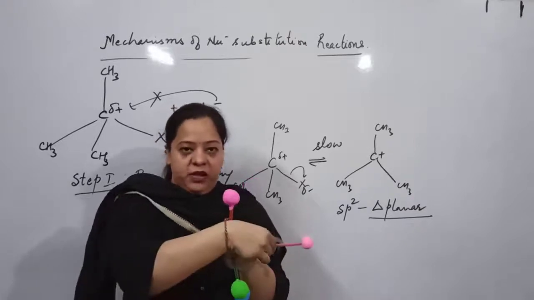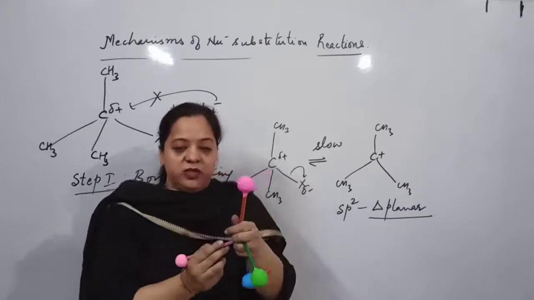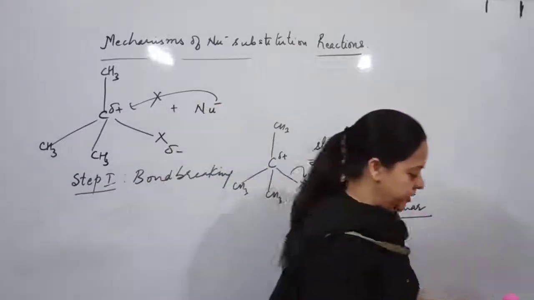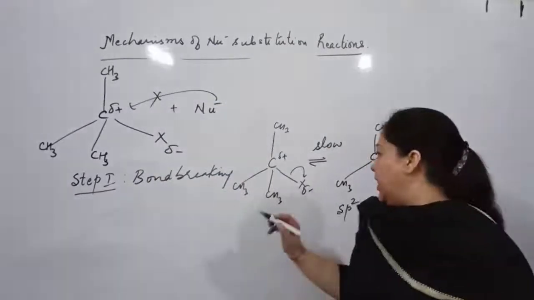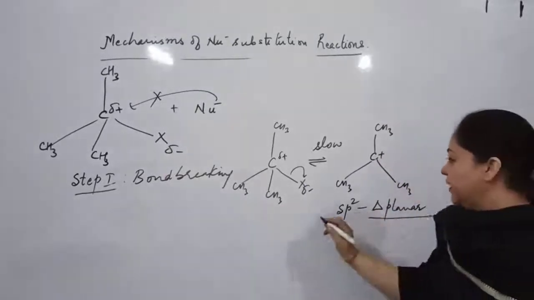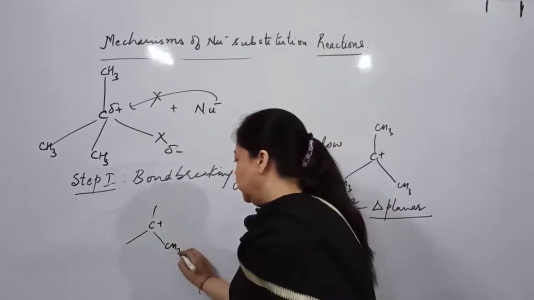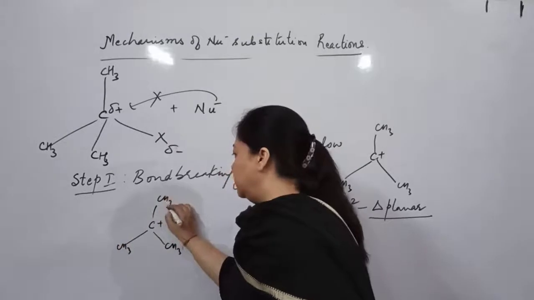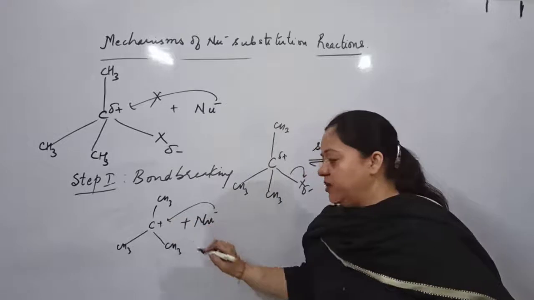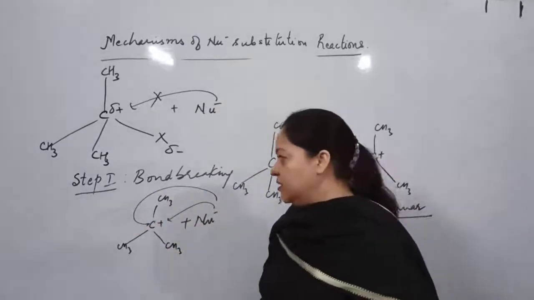If the incoming nucleophile is on the same side, this leads to the retention of configuration, and if it is on the opposite side, then it leads to the inversion of configuration. As here, the triangular planar species, and in the second step, the nucleophilic attack takes place with 50% probability from the frontal side and 50% probability from the rear side.